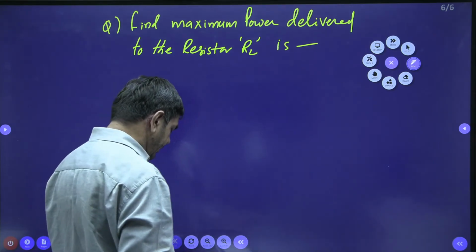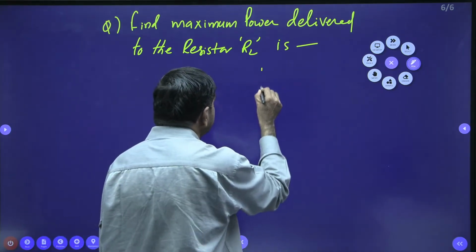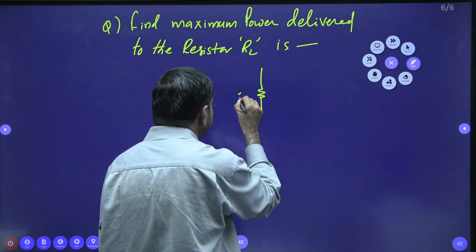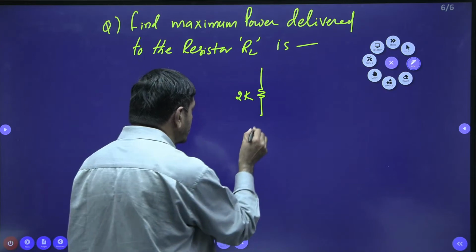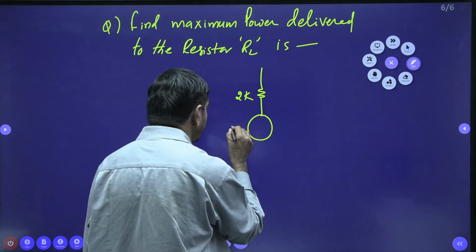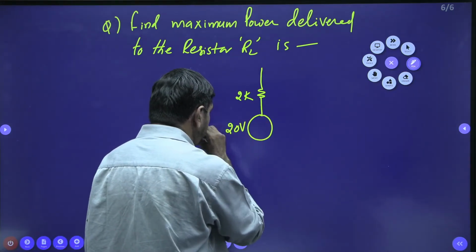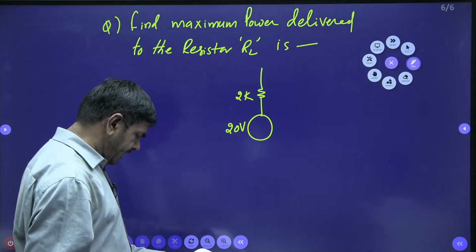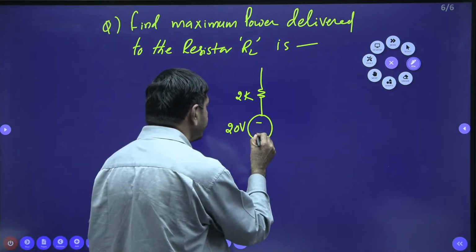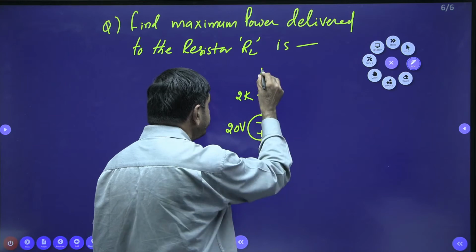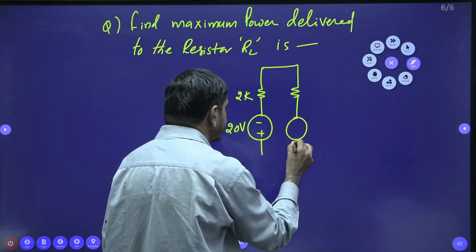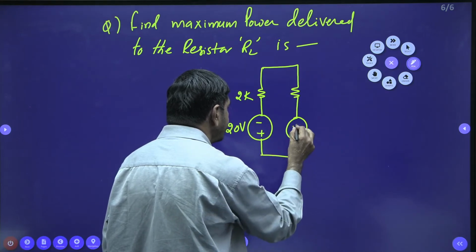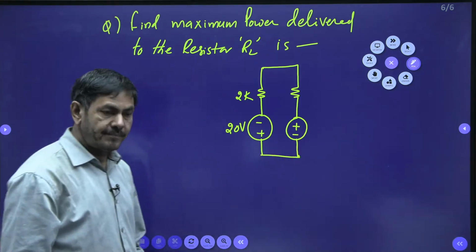Here the network is given like this: a 2K resistor connected with one voltage source, 20 volts. The polarity of this battery is minus on this side and plus on this side. Here one more resistor is connected with one more battery, but this polarity is plus and minus this side.